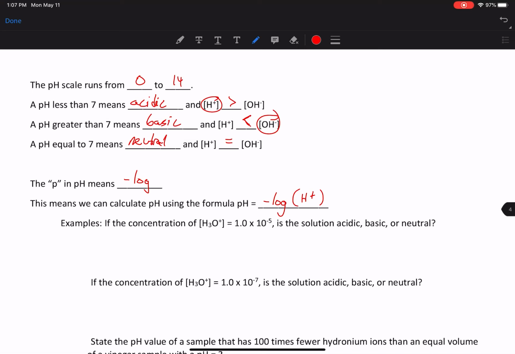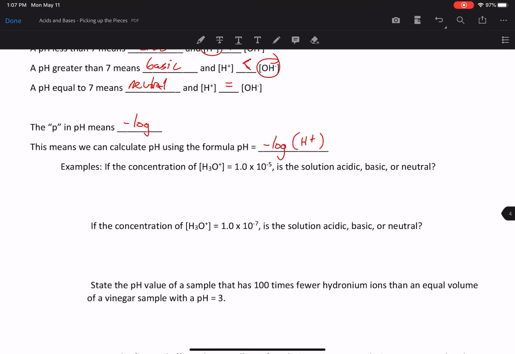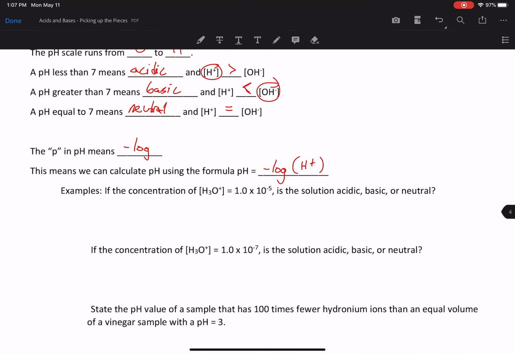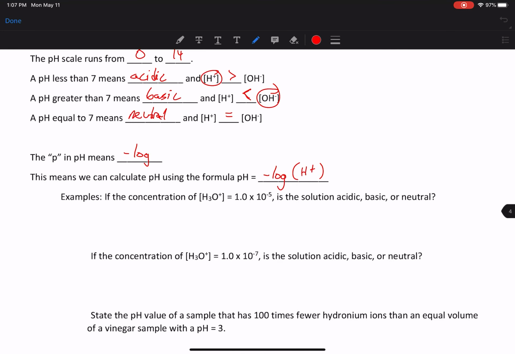All right, so let's just do an example here. So if the concentration of H3O plus is 1 times 10 to the negative fifth, is the solution acidic, basic, or neutral? Well, we have to solve for the pH. So pH is equal to the negative log. Now, H plus and H3O plus, they're essentially the same thing.